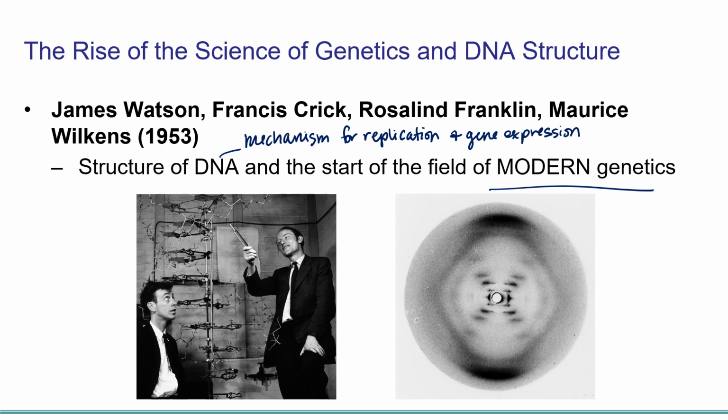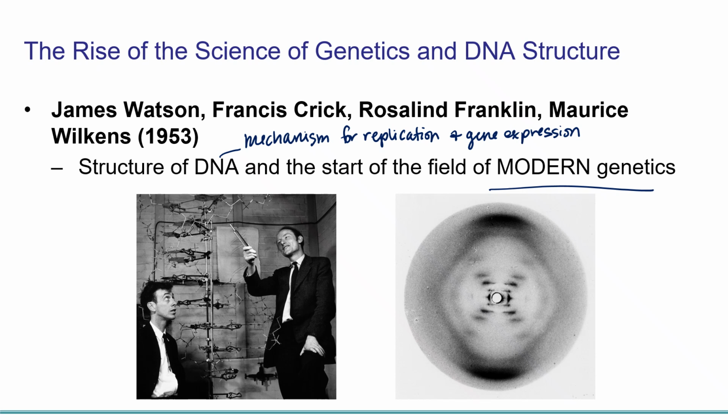Now, the actual mechanism will come later. All of the parts and components will come later. But once Watson and Crick published this structure, they immediately were able to look at it and say, we can now see how DNA could be replicated and how DNA could be expressed. And this is where we really start with what we would call the modern field of genetics.